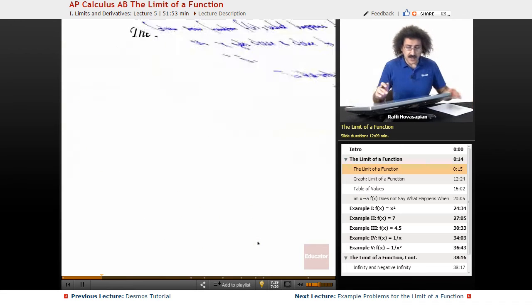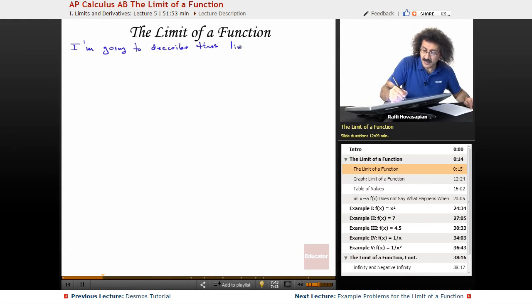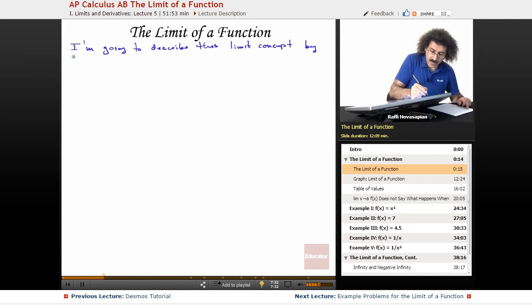Okay. So, I'm going to describe this limit concept by looking at the graphs of several functions.